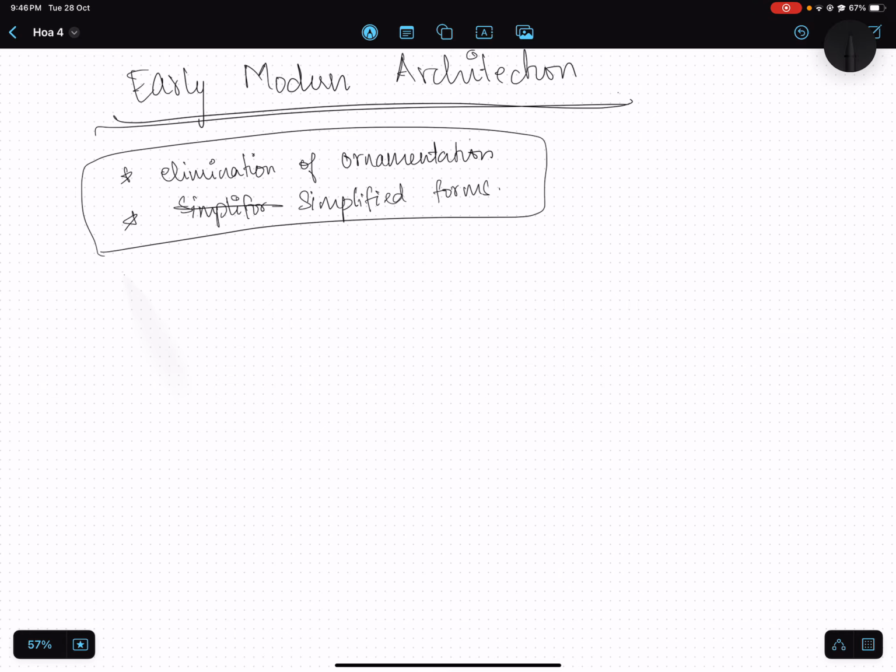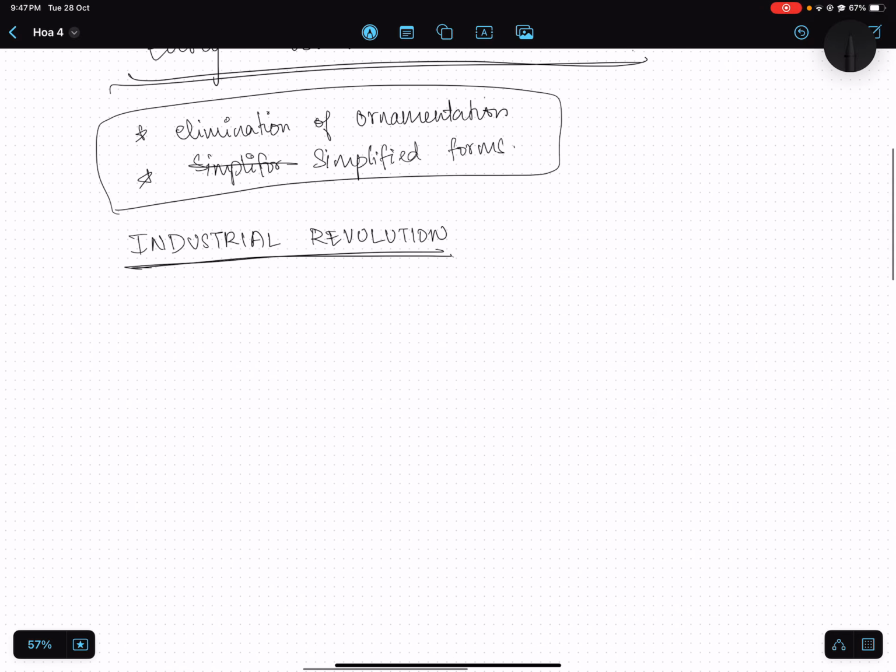So if you see, the Industrial Revolution happened, and that led to the mass production of materials, especially glass, and that brings us to our first building, which is the Crystal Palace by Joseph Paxton.